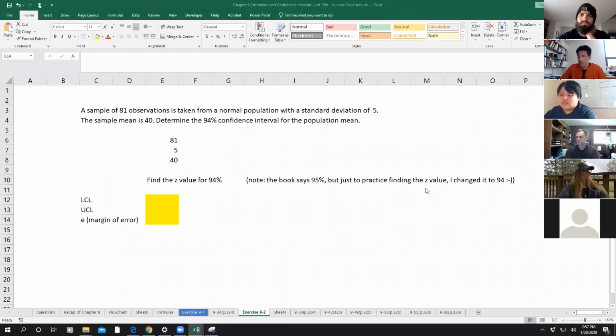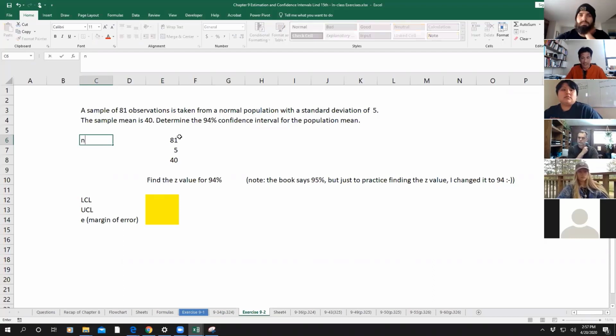All right, so let's look at this problem. What is 81 in this problem? And what is its symbol? 81 is n, and it's the little n. Okay, and sample size, right? Good. How about 5? What is 5? Sigma. Sigma, good.